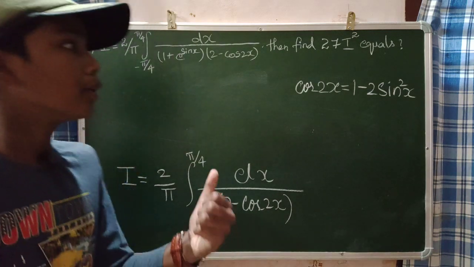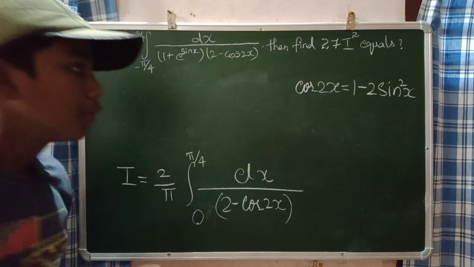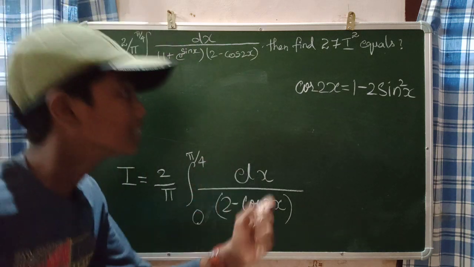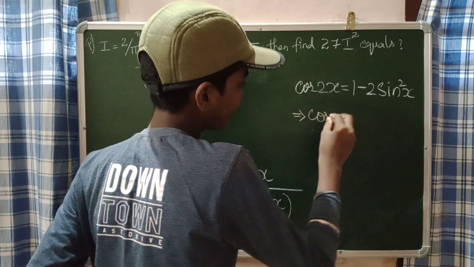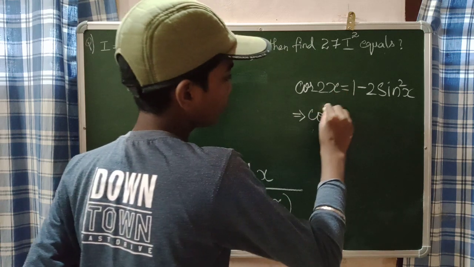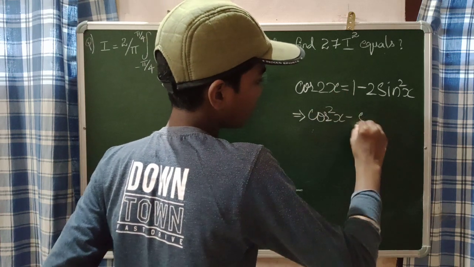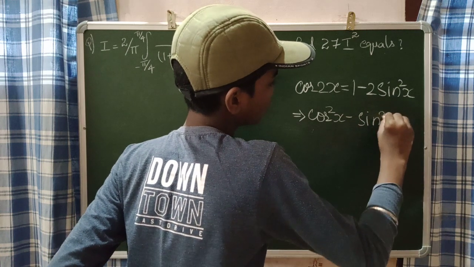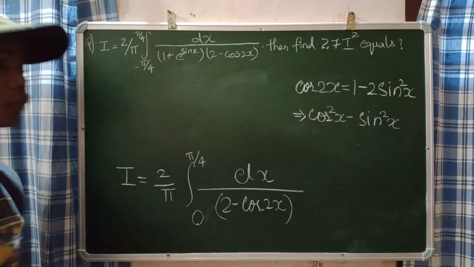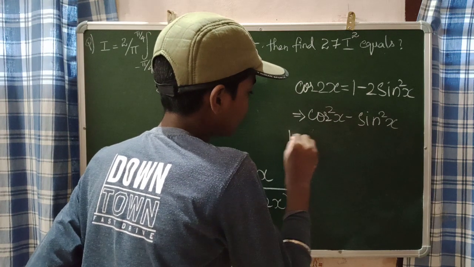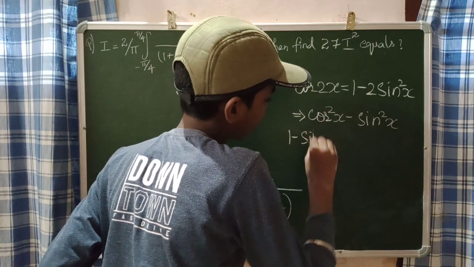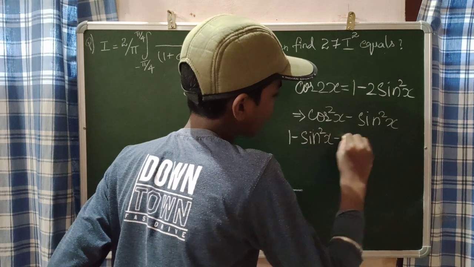How? By your double angle formula. Your double angle formula says that cos 2x is nothing but cos square x minus sin square x. Now, if cos 2x is equal to cos square x minus sin square x, I can write this cos square x as 1 minus sin square x, then minus sin square x.